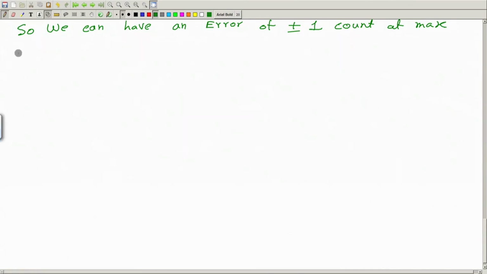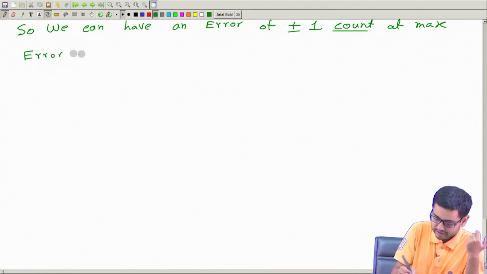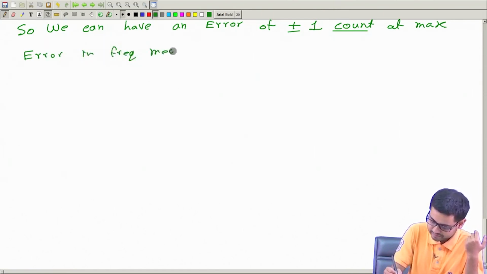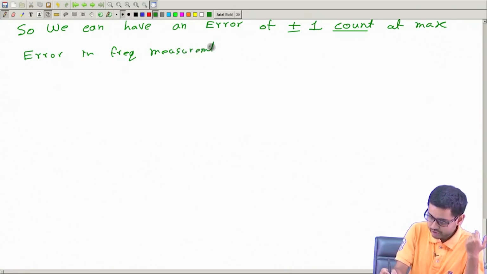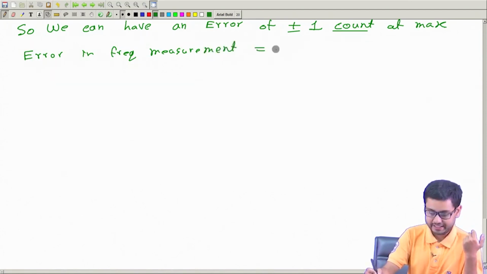And then how much error will we have in frequency measurement? This is the error in count, and the error in frequency measurement will depend on the gate time.